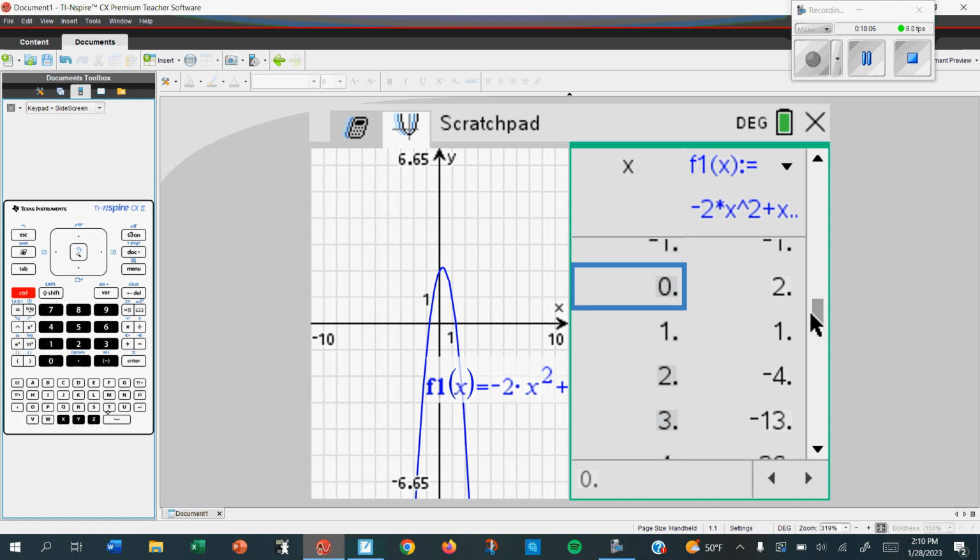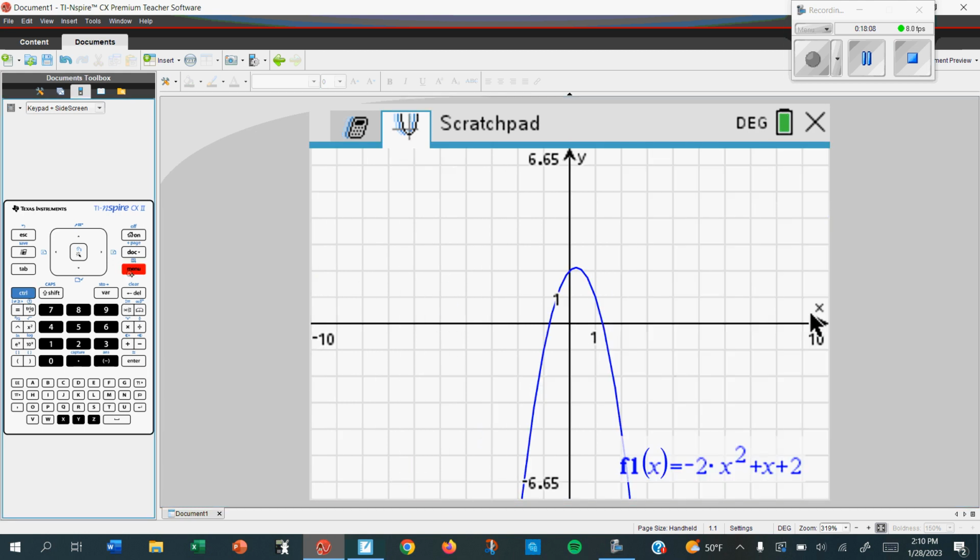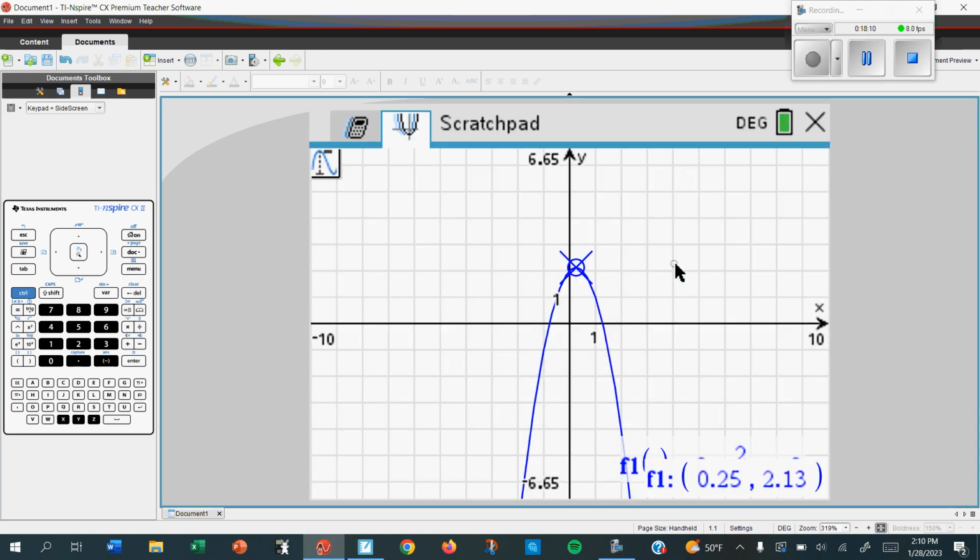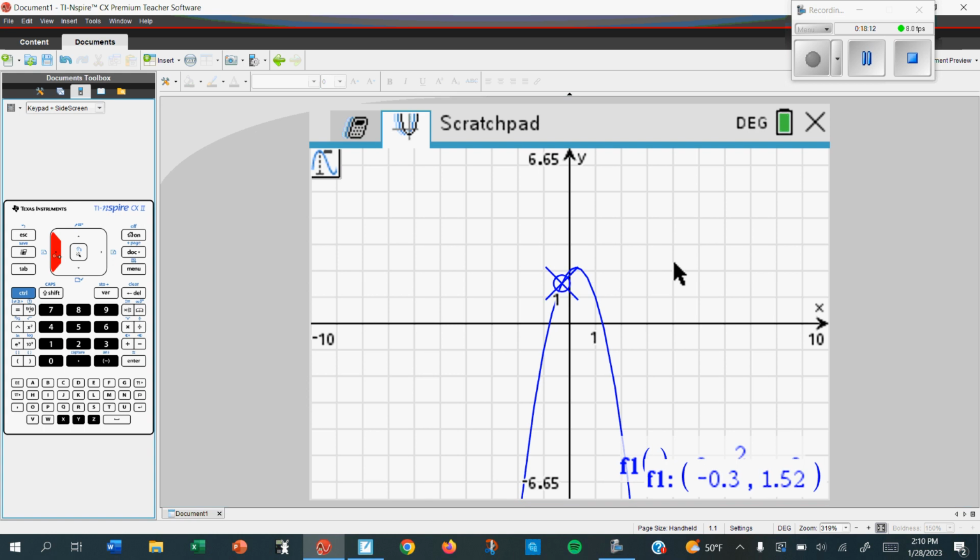If you close the table and you press menu, trace, graph trace, let me just show you what you can see. So you can see how some of these are not crossing at nice areas, but it will tell you what the maximum is, the vertex. So you see how it's actually at 0.25 and then 2.13. So it's not that pretty.